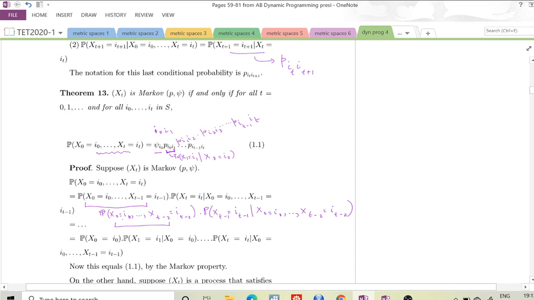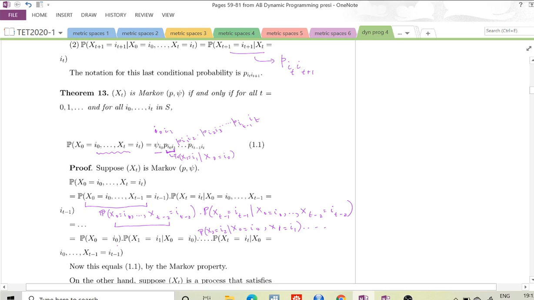So once you're done with the recursion, you have that the probability of this chain occurring is equal to the probability of x naught equals i naught, times x1 equals i1 given x naught equals i naught, times the probability x2 is equal to i2 given x naught equals i naught, x1 equals i1, all the way to here, right?